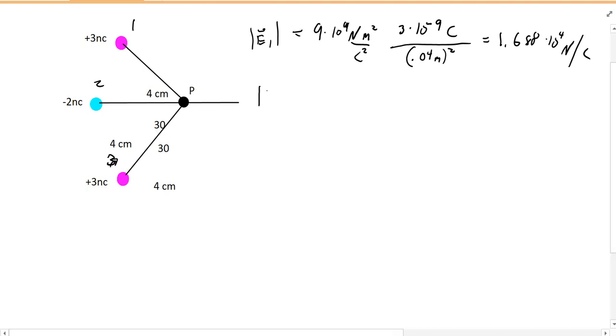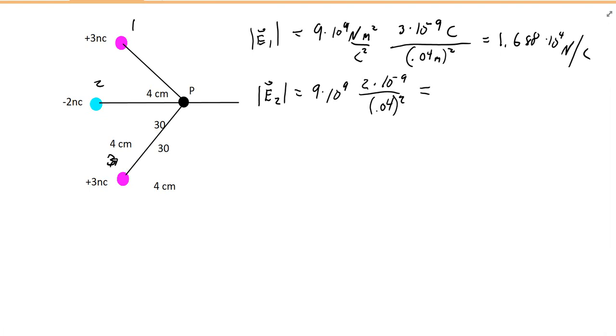Okay, so the magnitude of the electric field of charge number 2 is, again, 9 times 10 to the 9, and I'm not going to write the units out every time. They're the same, times 2 times 10 to the minus 9 over, and that distance is also 0.04 squared. Notice that I didn't plug in the negative because we're only looking for the magnitude here, not the direction.